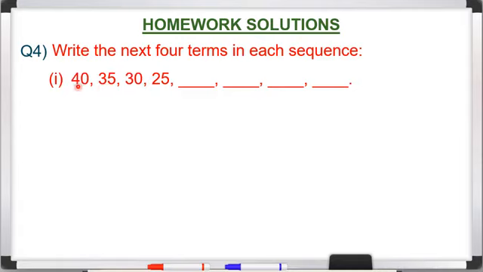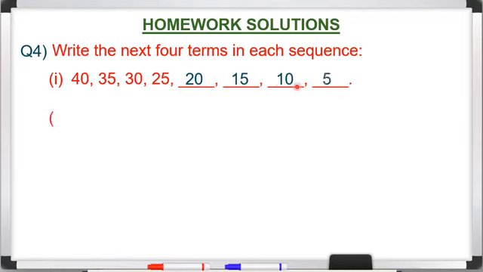The first two given numbers are 40 and 35. 40 minus 35, 5. Now we have found the difference, that is 5. Okay, now we will subtract that difference from each number. 40 minus 5 35, 35 minus 5 30, 30 minus 5 25. 25 minus 5 20. 20 minus 5 15, 15 minus 5 10, 10 minus 5 5.